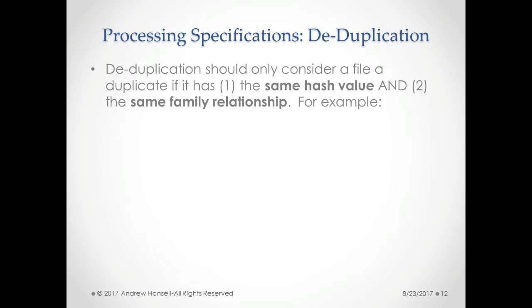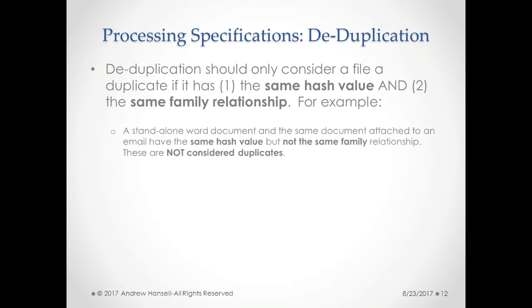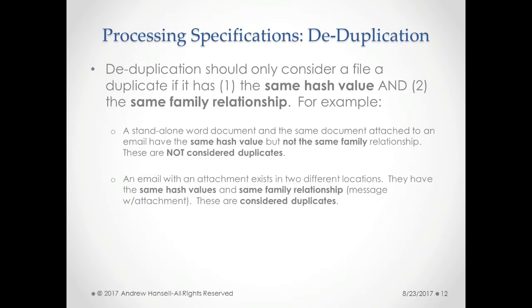So the deduplication software, as I just mentioned, is going to consider a file a duplicate if it has the same hash value and the same family relationship. Here are some examples to illustrate how this works. That standalone Word document and the one attached to an email have the same hash values, but they are not in the same family relationship, so the software would not consider it a duplicate. It would not remove that document in either instance.